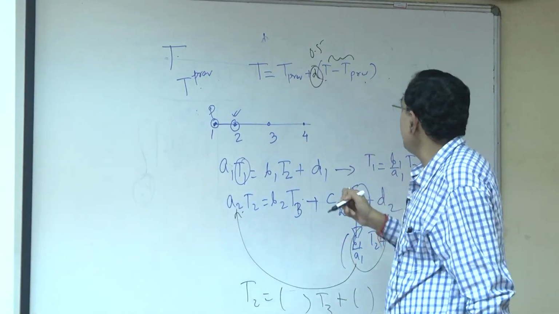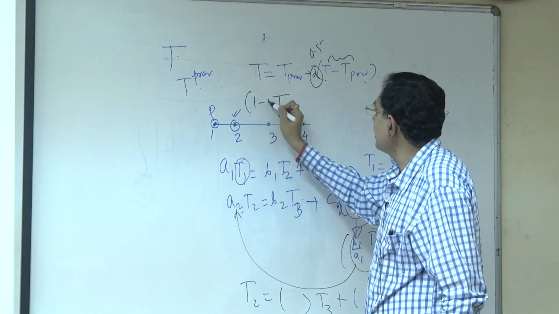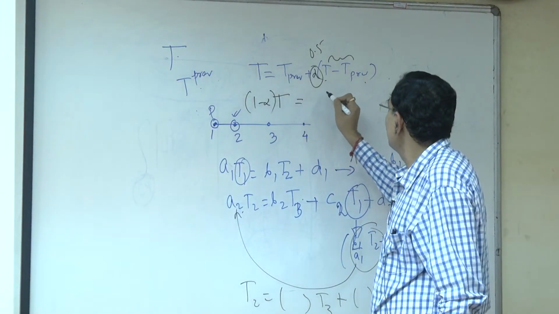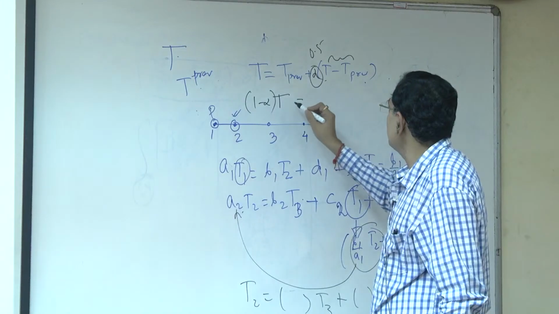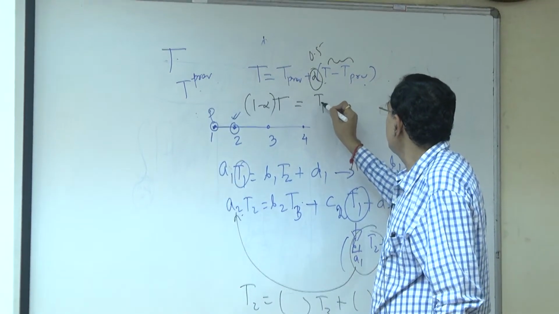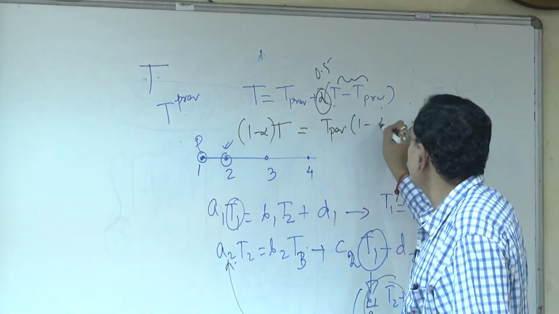So, then what you can write is (1 minus alpha) into t is equal to t previous into (1 minus alpha), right.